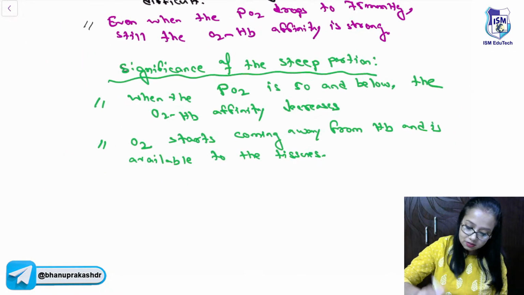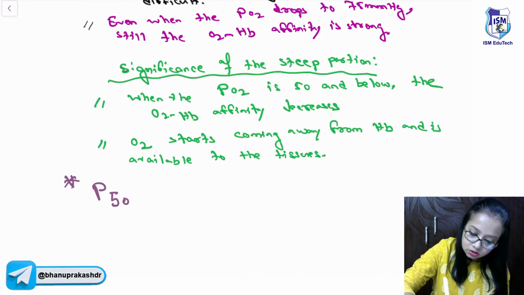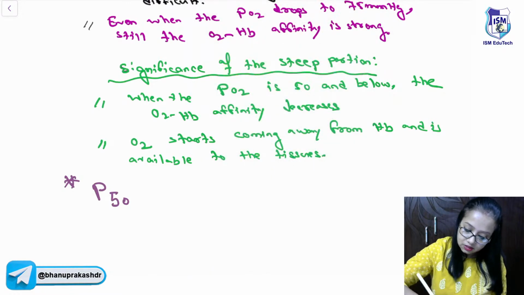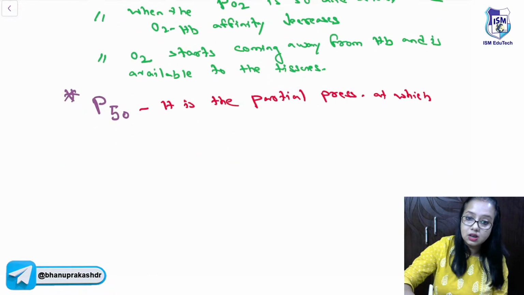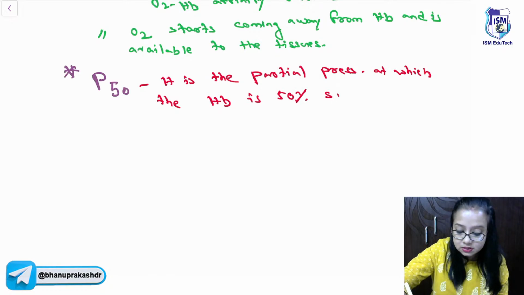P50 is again a very important concept. P50 is the partial pressure at which the hemoglobin is 50% saturated with oxygen.